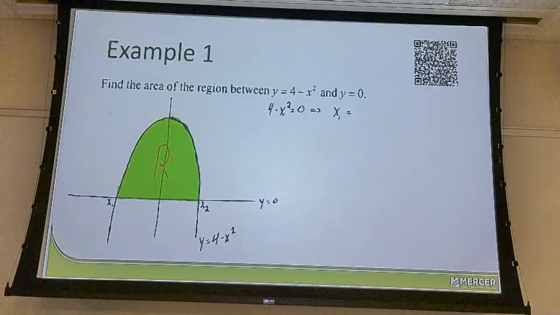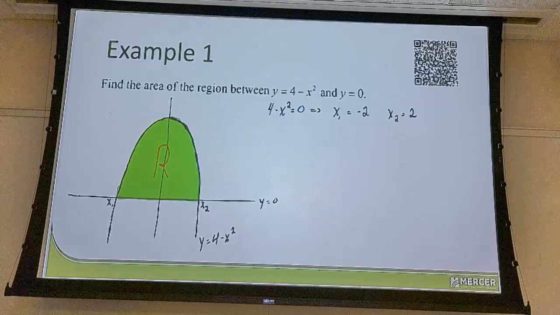So what's x1? -2. What's x2? +2. You now need to determine what the upper bound of the region is. This one's pretty obvious, but algebraically, what would you do?